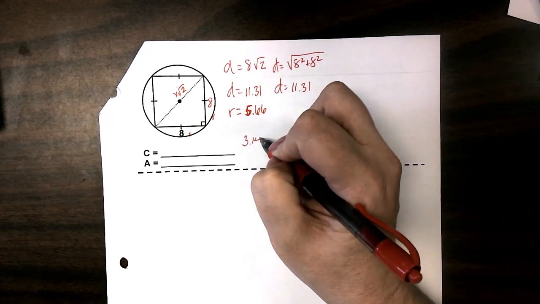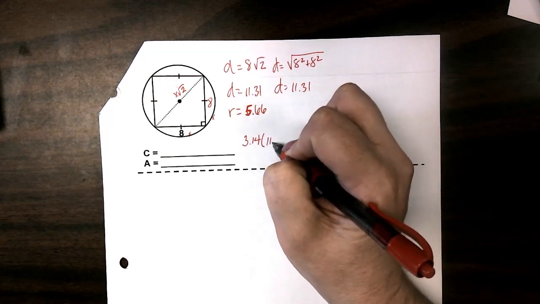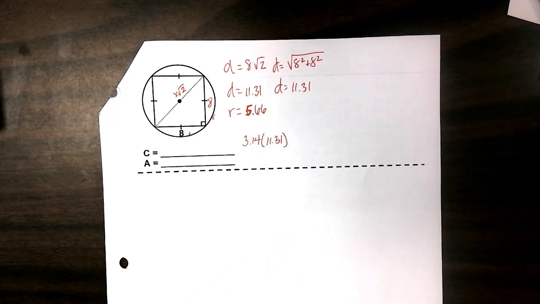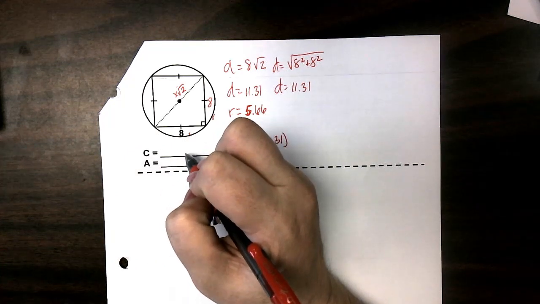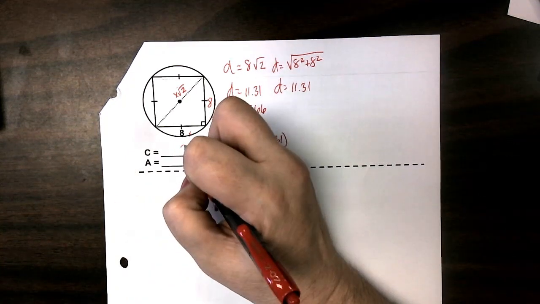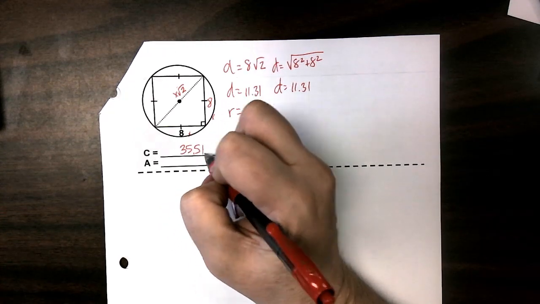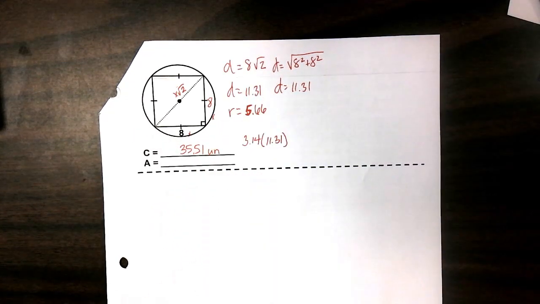We multiply pi times diameter. So 3.14 times 11.31. And we get 35.51. And again, no units, so we'll just put units.